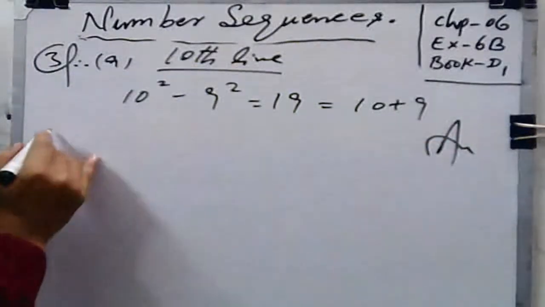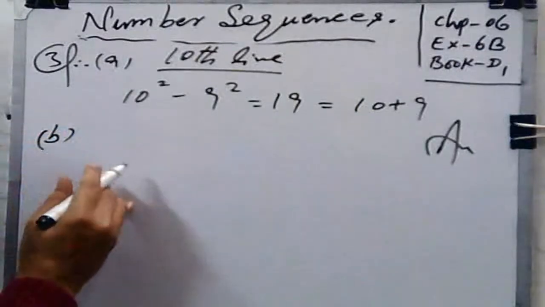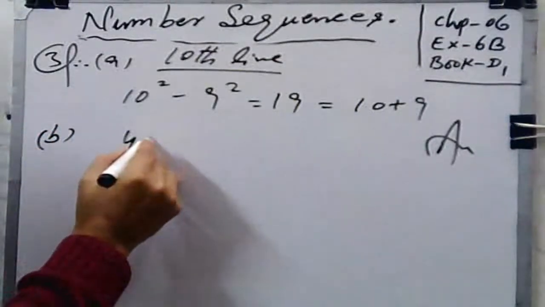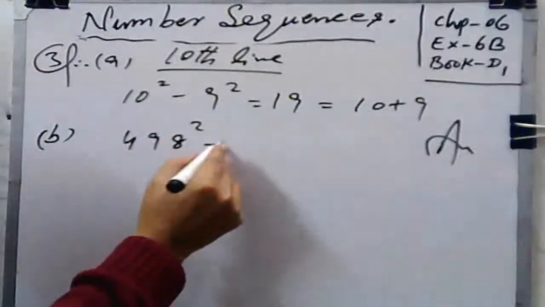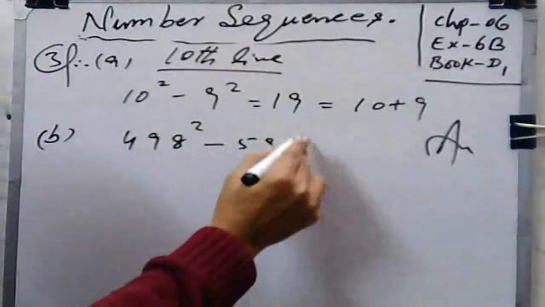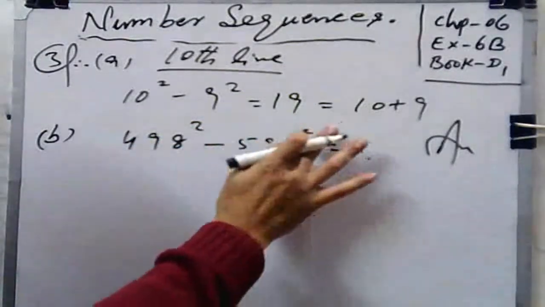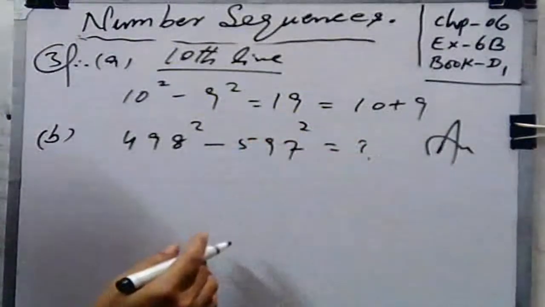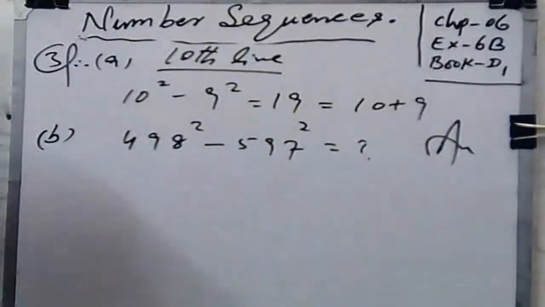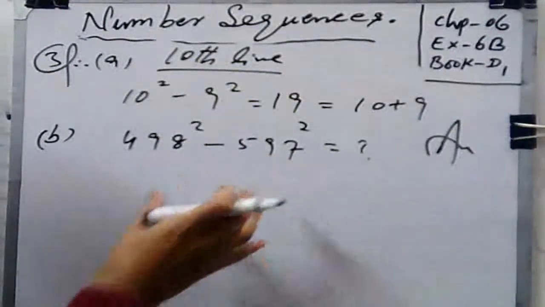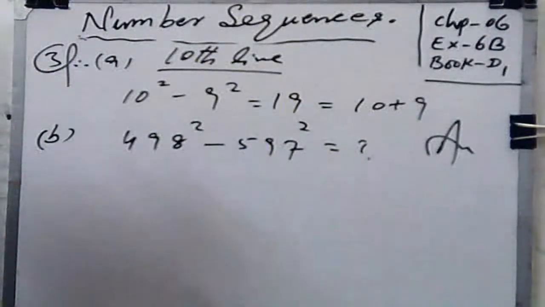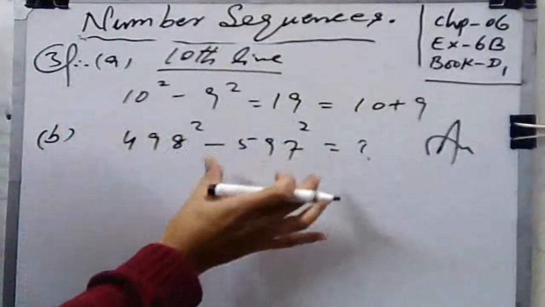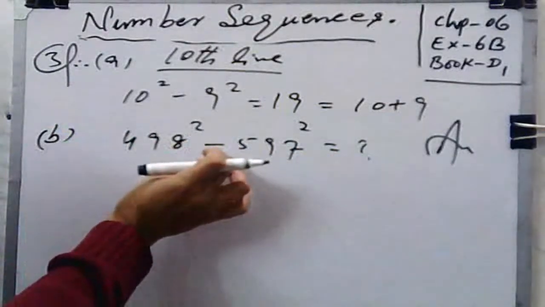Now coming to the B part. In B part we have to find out 498 square minus 497 square. So what is the value of this? How can we find it? By the given pattern at the right, we conclude that if we see the given pattern in your textbook at the last, on the right hand side you can judge that this is converted into plus.